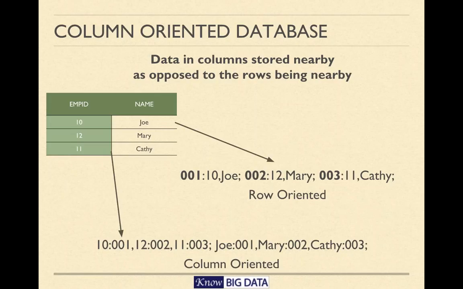We started with the CAP theorem and horizontal scaling. Now this is the third idea that we need to understand: column orientedness. What does column orientedness mean? For the end user, it doesn't make much of a difference, but for a product developer, it matters a lot.